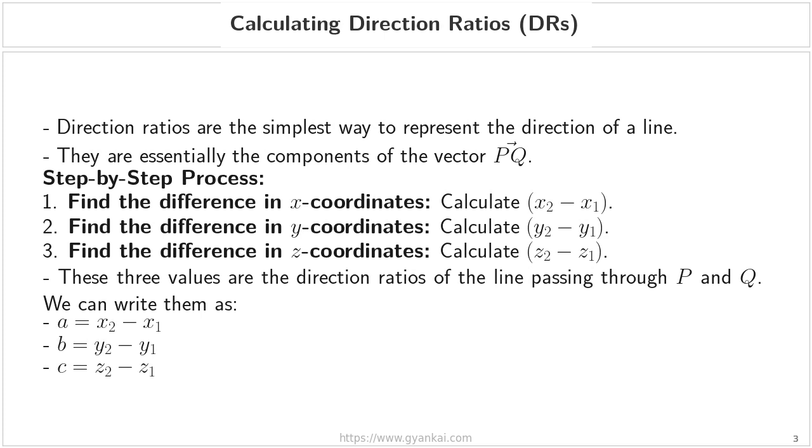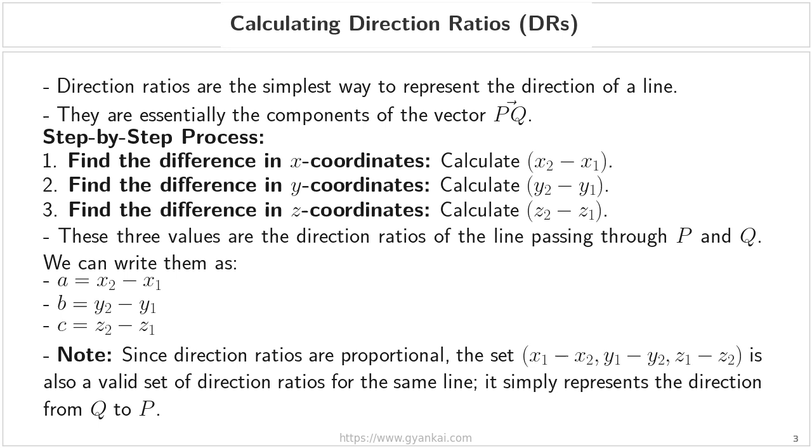Once you have these 3 values, you have your direction ratios for the line passing through P and Q. We usually denote these using the letters A, B, and C, where A equals x sub 2 minus x sub 1, B equals y sub 2 minus y sub 1, and C equals z sub 2 minus z sub 1.